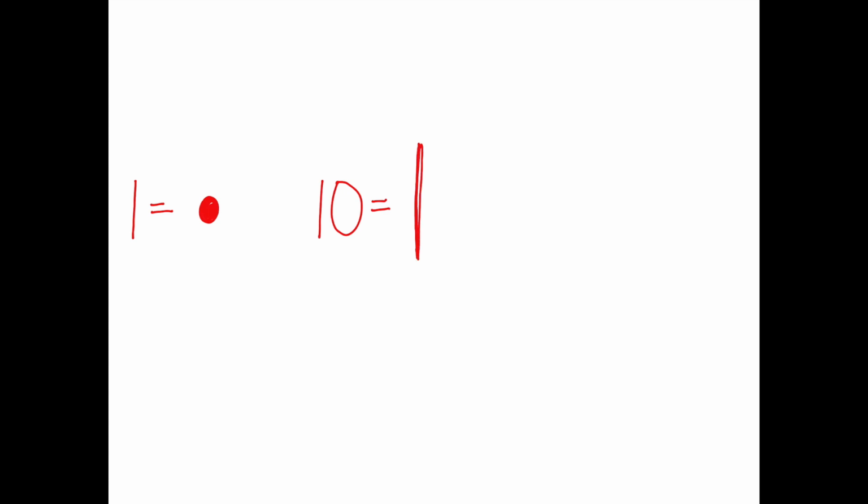And finally, we can represent 100 by using a square. So you probably remember this because we've done it a lot this year in second grade. So let's practice looking at a picture and counting how much is in that picture.